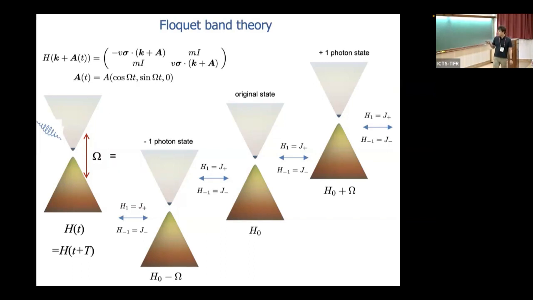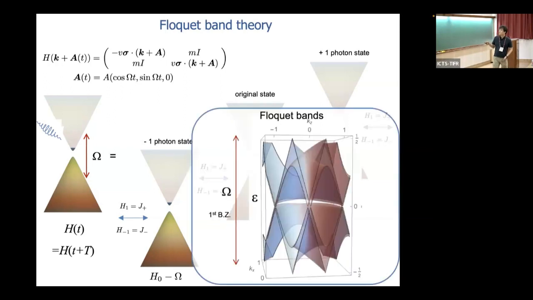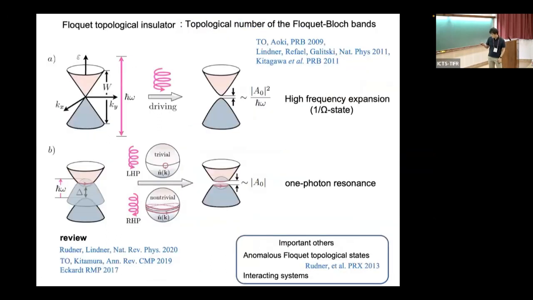By diagonalizing this kind of Hamiltonian, we get the Floquet eigenstates. So by diagonalizing this Floquet problem, we get Floquet bands. This is in momentum and energy space, and we have a very complicated band structure. But I'll try to explain this a little bit more easily.